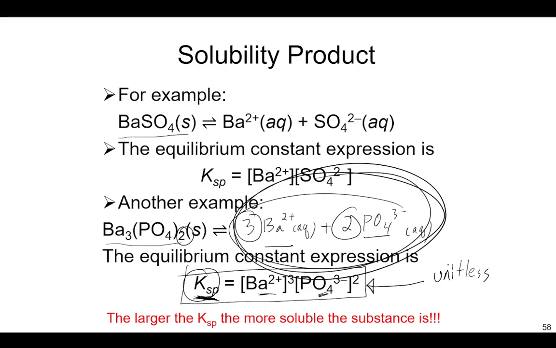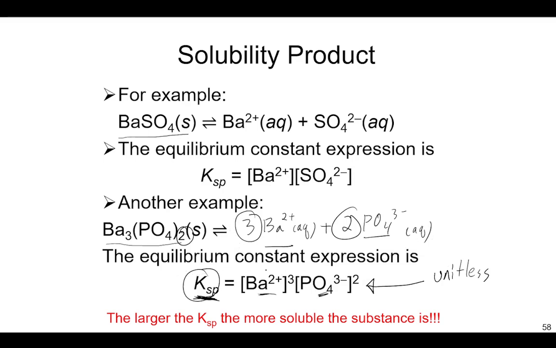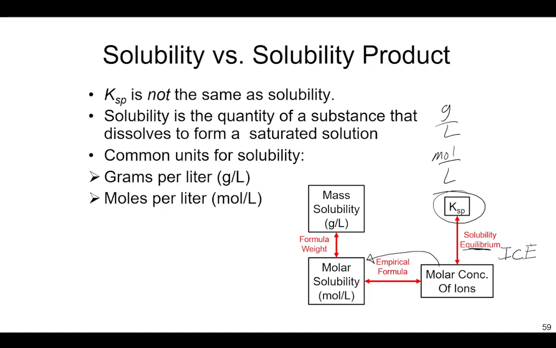For example, barium is in a 3-to-1 ratio. Phosphate is in a 2-to-1 ratio. So we will use that ratio to get from the concentration of the ions at equilibrium in our ICE chart back to a value of molar solubility. And then we can get to mass solubility by just using the formula weight of that compound, barium sulfate, sodium chloride, whatever it is. So this is better learned through doing practice problems.